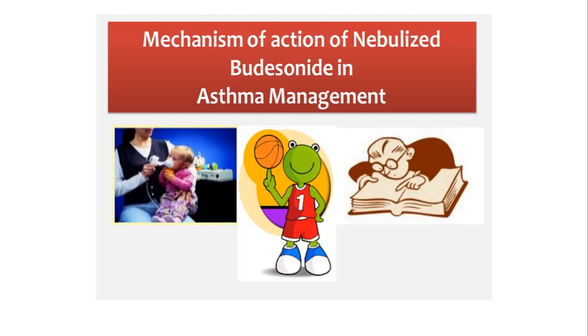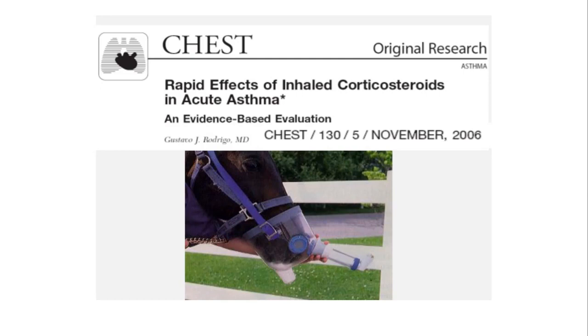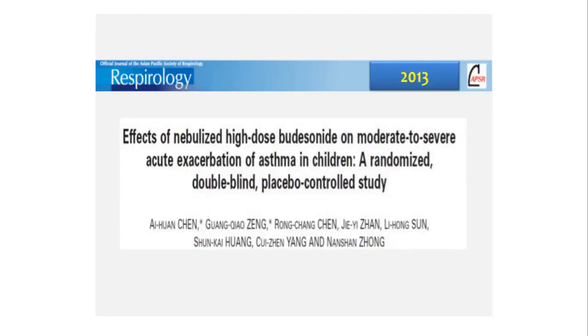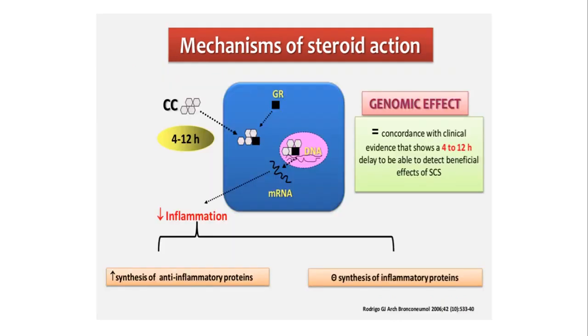Can we also give nebulized budesonide in bronchial asthma in the emergency? Yes, rapid effect. Sometimes inhaled steroid budesonide can give a rapid effect. There was a study published on the rapid effect of inhaled corticosteroid in acute asthma in Chest, by the American College of Chest Physicians, on the effect of nebulized high dose. Of course, the mechanism of steroid action: we have a genomic effect, which is participating in the cellular genome, and a non-genomic effect, which is another effect of steroid.